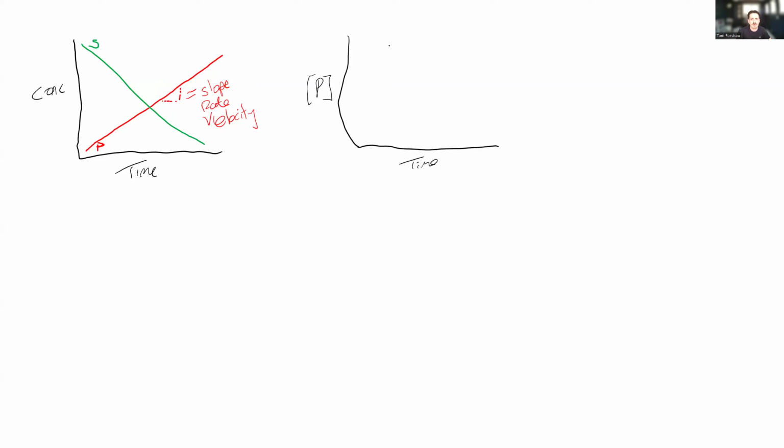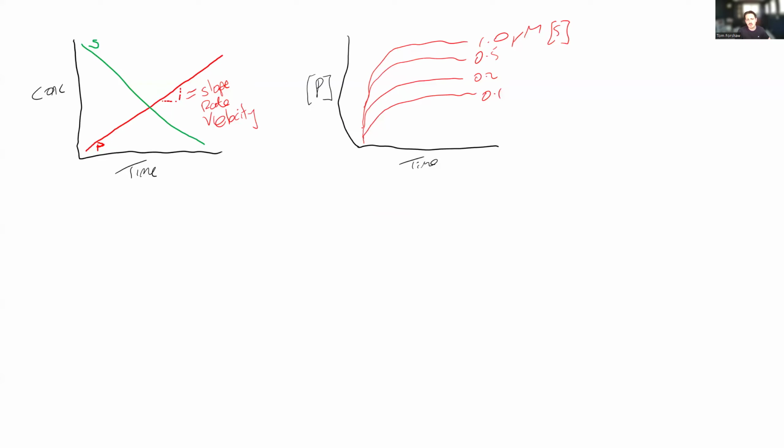So we just look at the red line, the product over time, and we're going to look at how that would change as you change the concentration of substrate which you add. Let's say 0.1, 0.2, 0.5, and 1.0 micromolar of substrate.